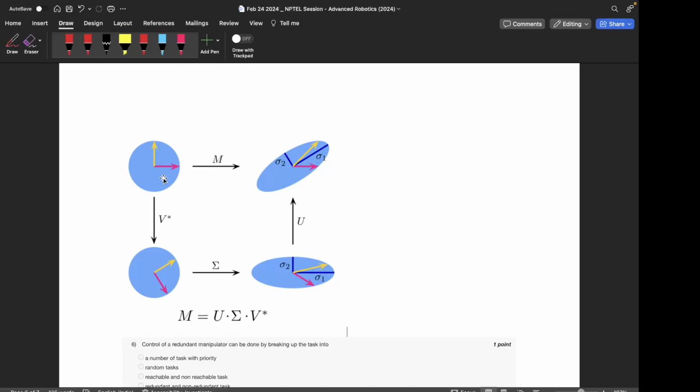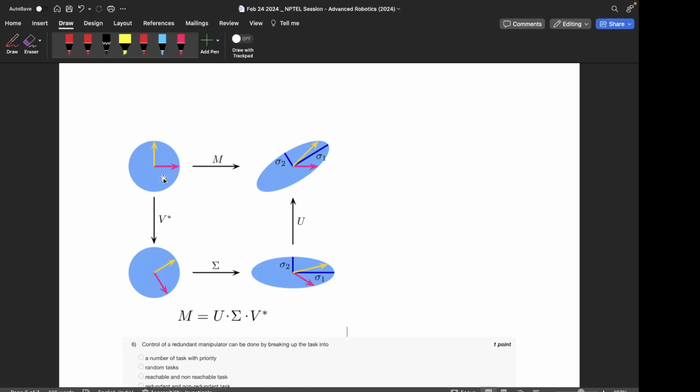What do U and V do? U and V represent rotations. They are orthogonal matrices. And sigma, the matrix in between, is a diagonal matrix, which denotes the scaling component.